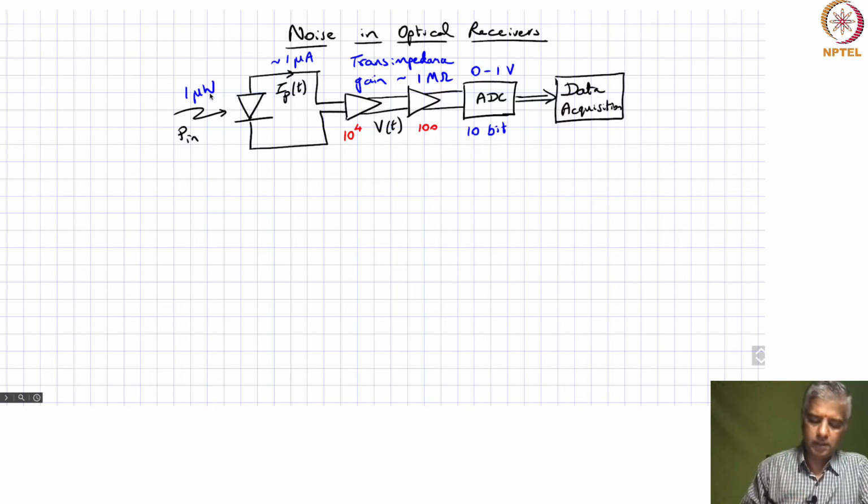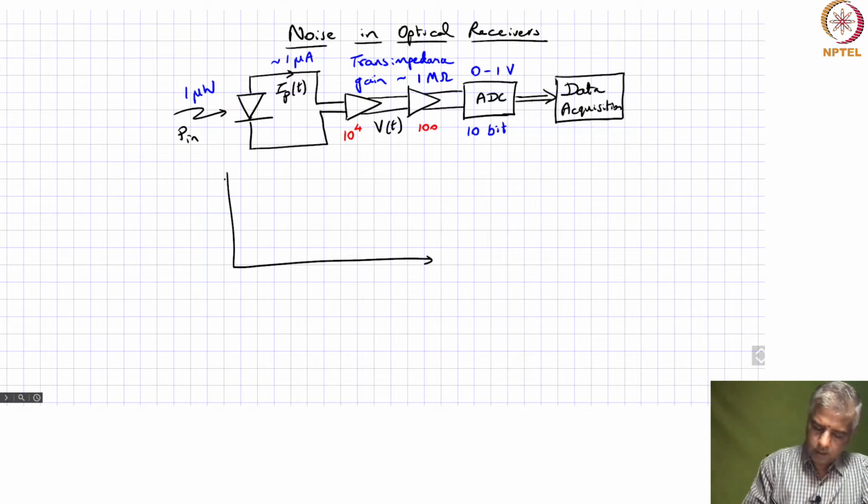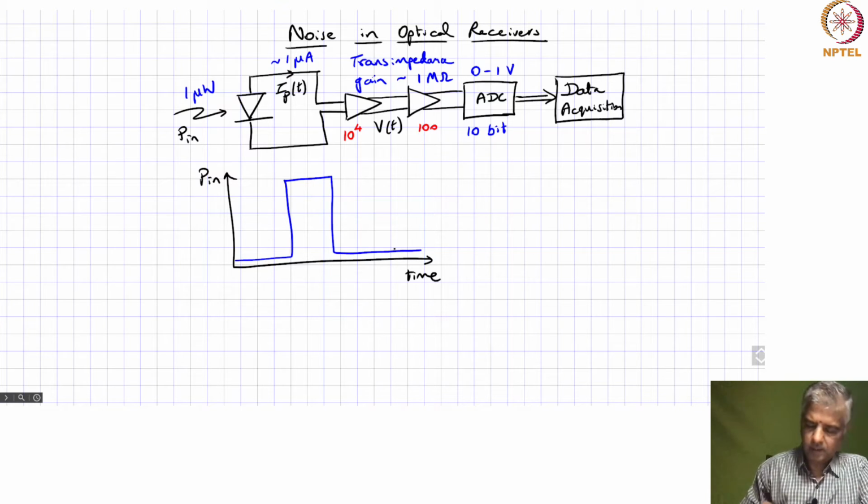But so far we've been looking at these signals. Let's say, for example, with respect to time, you have the incident power at the receiver, corresponding to a signal like this.